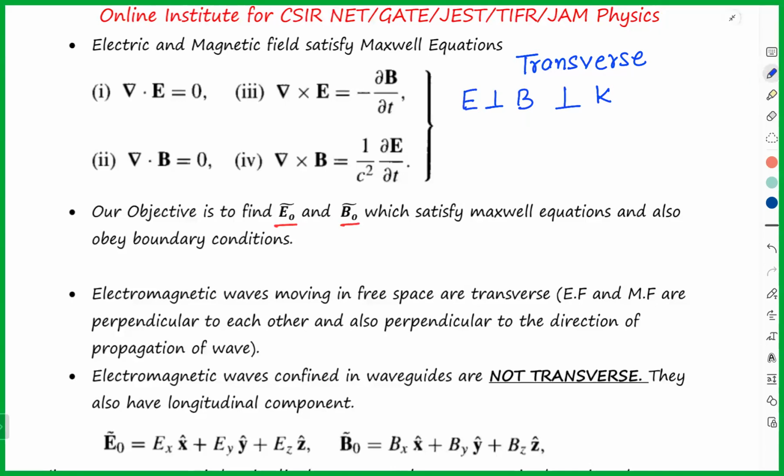Yeah, please. Excuse me, sir. Sir, initially there was no free charge or current inside the conductor, so the Maxwell's equations were getting satisfied. But then earlier you said that for satisfying the boundary conditions, free charges or current might appear in the conductor.